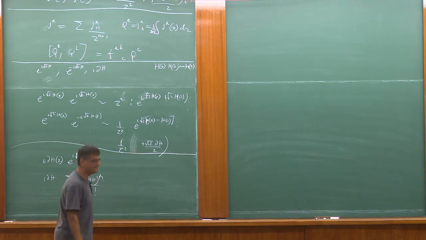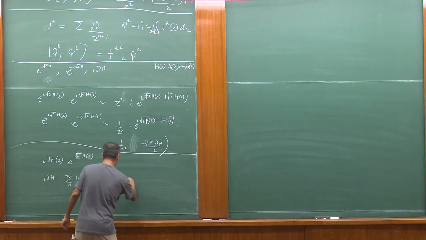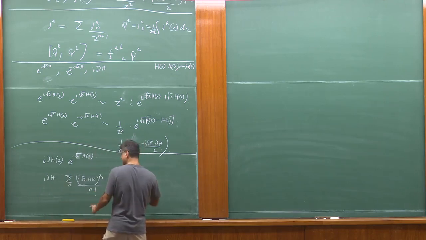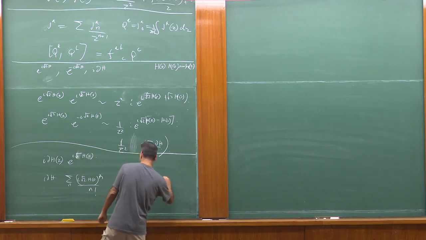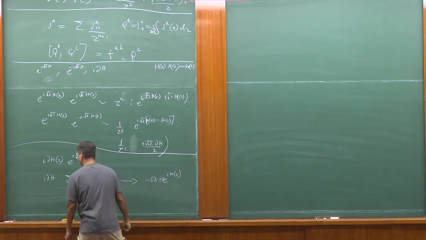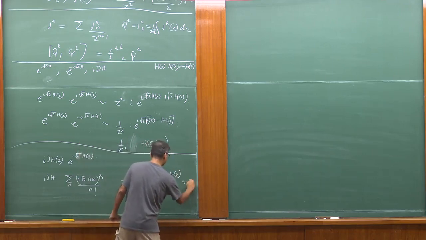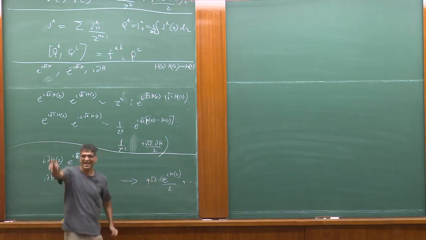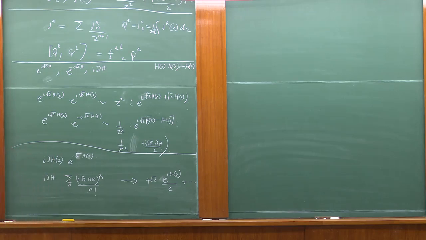So that's 1 over z. So this goes to square root 2 e to the power I h of 0 by z. No minus sign. Why not? Puts up a minus sign, plus. Thank you. No minus sign. Excellent. Okay.